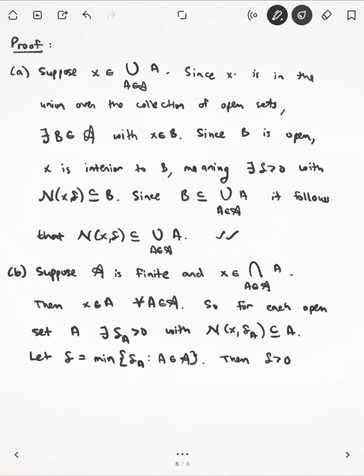Then delta is greater than 0, and the delta neighborhood of X is then going to be a subset of the delta A neighborhood, which is going to be a subset of A for all A in the fancy schmancy collection.